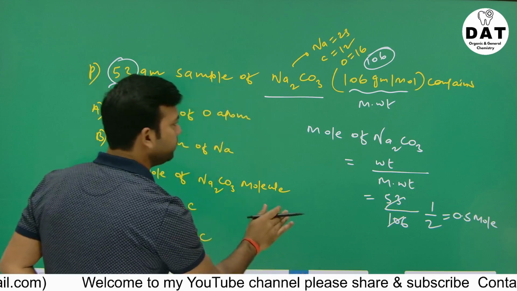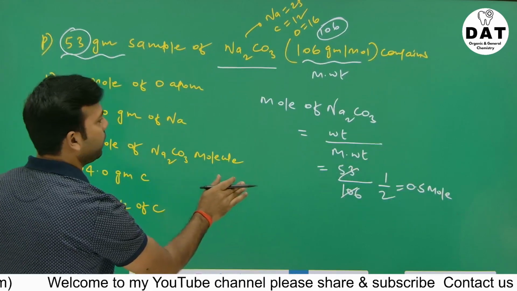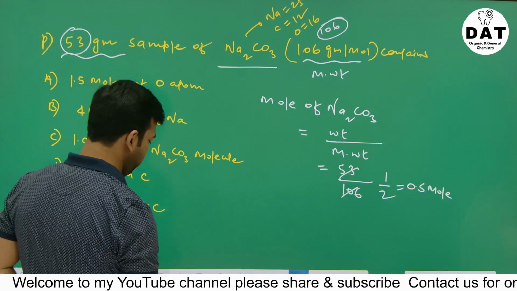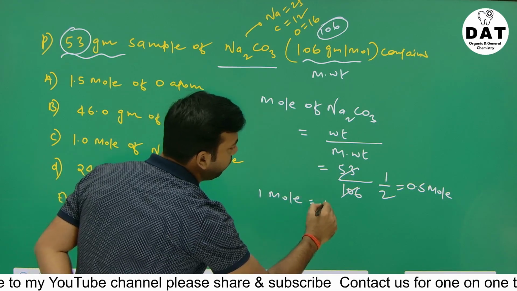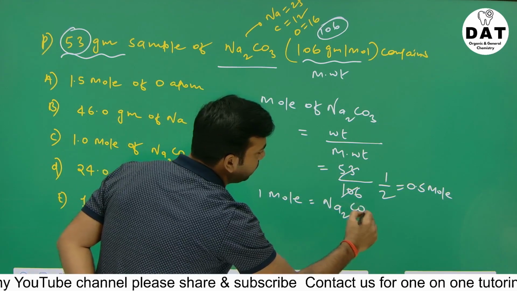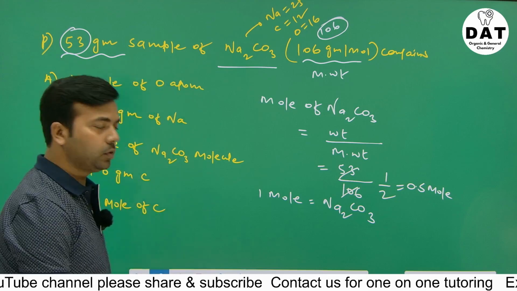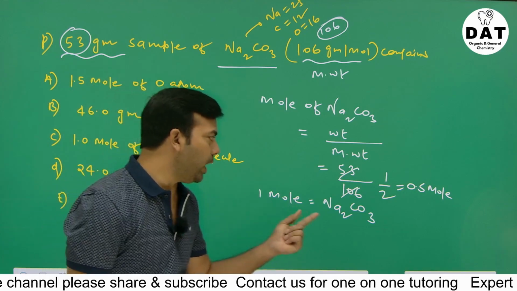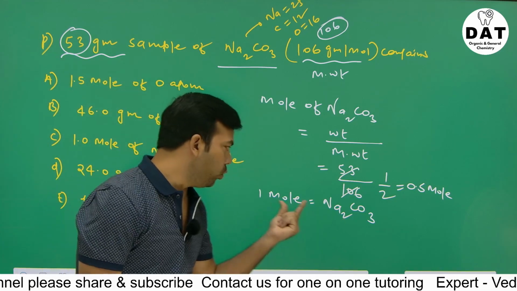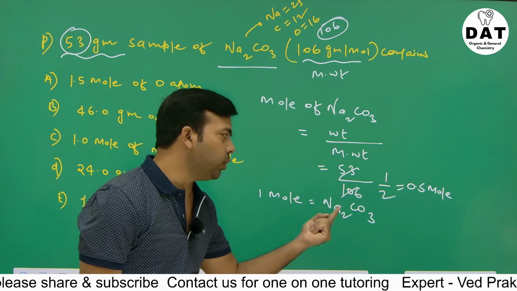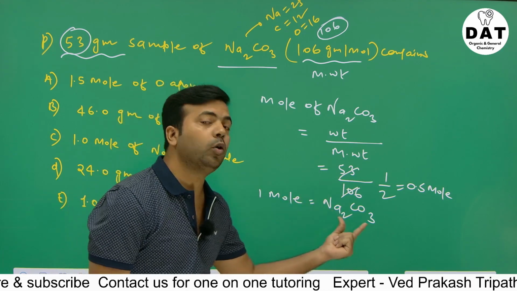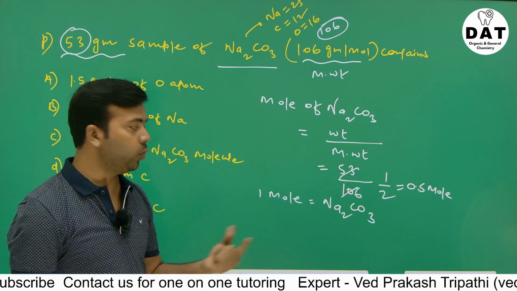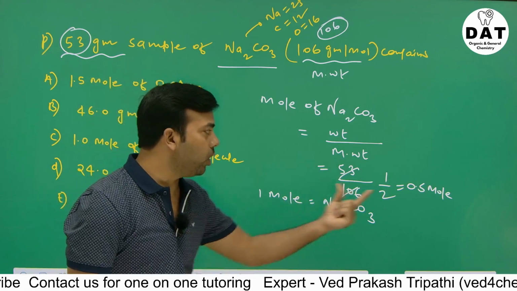So a simple thing is how we can correlate. Look at here. 1 mole of Na2CO3, how can we read this? 1 mole has 2 mole sodium. 1 mole of Na2CO3 has 1 mole carbon, and 1 mole of Na2CO3 has 3 mole oxygen. Clear? In terms of 1 mole. But we got 0.5 mole.